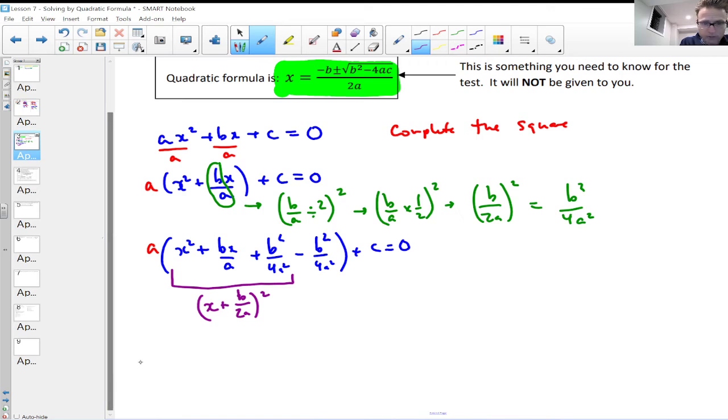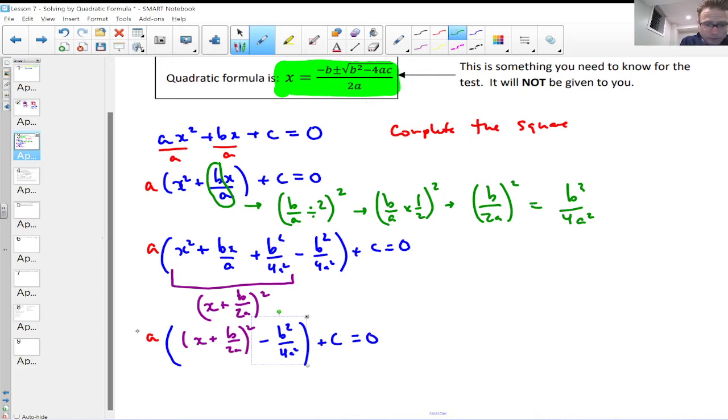There we go. So what do I have? I have a bracket. Here this will be x plus b over 2a, squared. Then this will still be the minus b squared over 4a squared. And then this will be plus c is equal to 0.